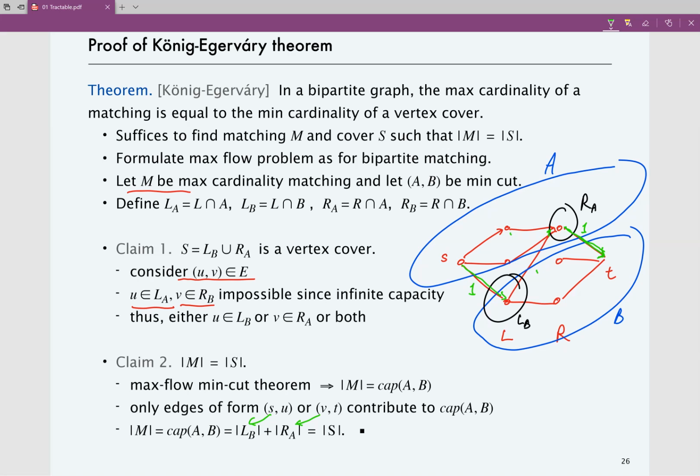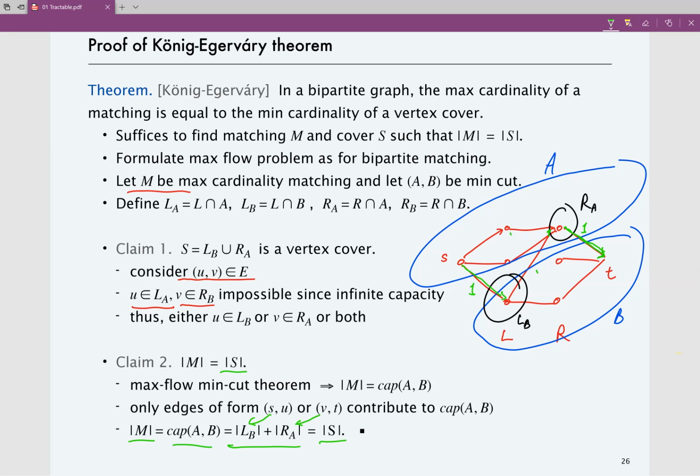So therefore, the overall capacity of the cut is just going to be equal to LB plus RA, okay? And of course, LB plus RA is equal to S, because S is just defined as their union. And so this thing equals the capacity, which equals M, and this also equals S.